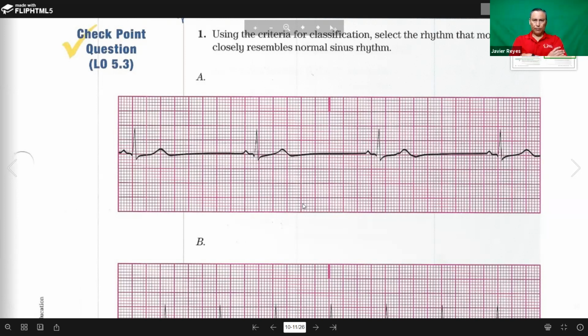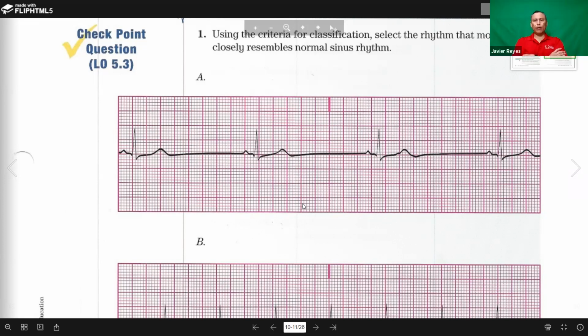What is the rate? Use the 6-second method. In the 6-second method, all you do is count the R's times 10, so that would be 40.